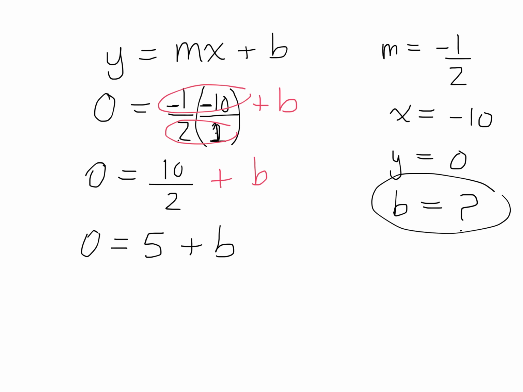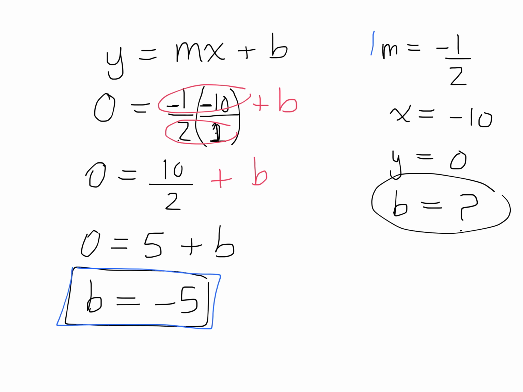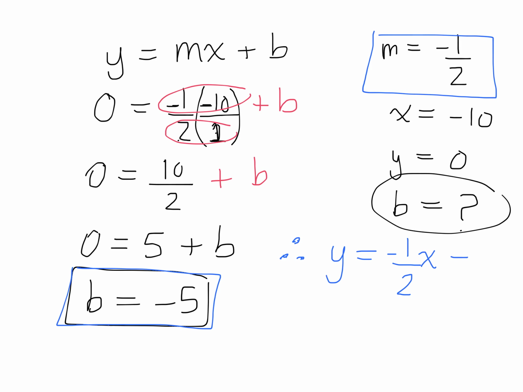So if 0 equals 5 plus b, what does b equal? Negative 5, okay? What was our m equal to? Negative 1 over 2. So I want you to now tell me what is the equation of our new line? y equals negative 1 over 2 x minus 5.